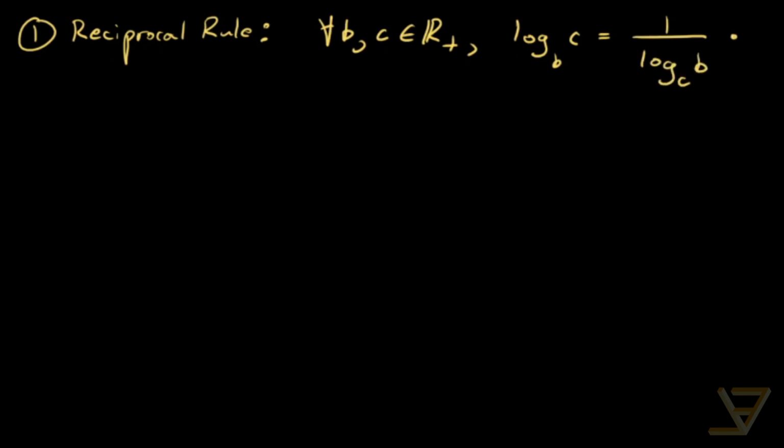So basically we're switching the base and the argument to get that log base b of c is equal to the reciprocal of log base c of b. Let's try to prove that using our new identity, which is the change of base identity.